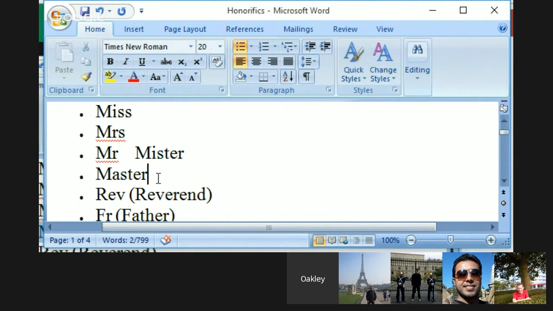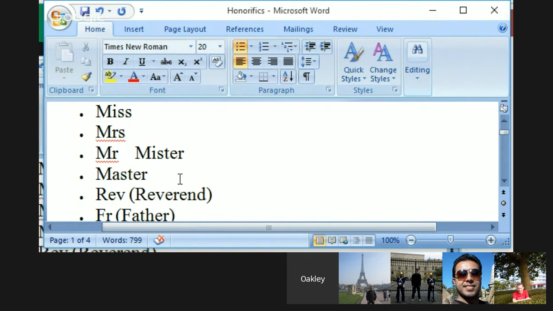Actually, it's very interesting. When I was younger, like when I was a child or even in high school, I would get letters, maybe from companies, addressed to Master Oakley Moody. This is actually an honorific for young men who are not considered adults yet.